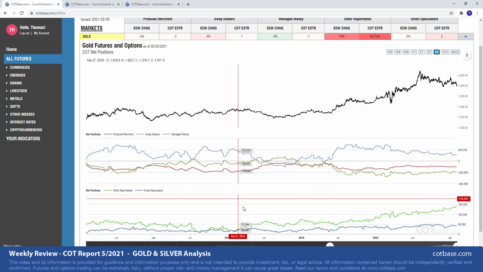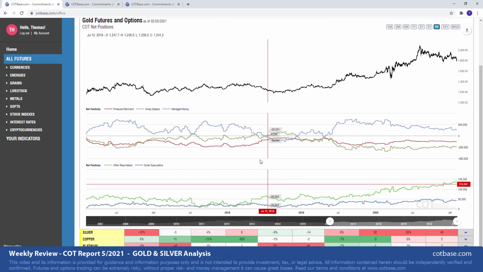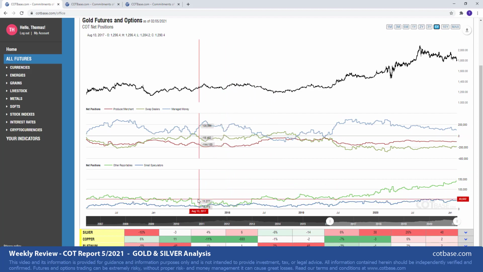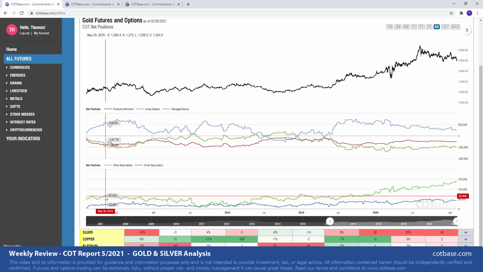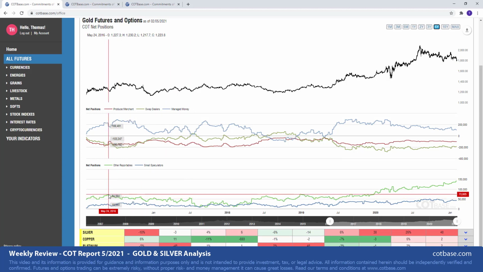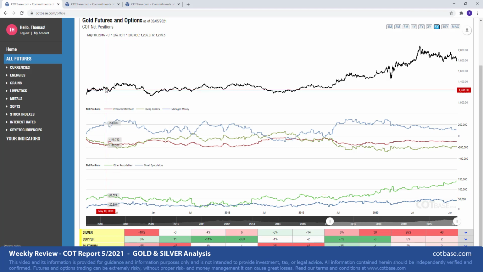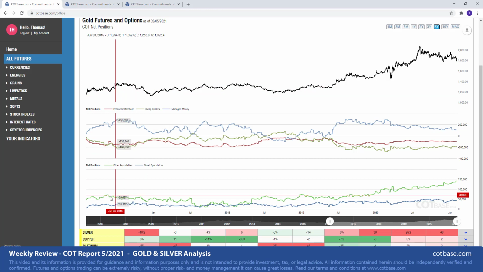We can go back in time and try to see if we find any correlation between larger positions in these other reportables and the market itself. So for example, here, I don't know how easy it is to see, in May of 2016 they were pretty long in this market, but nothing really dramatic happened afterwards.